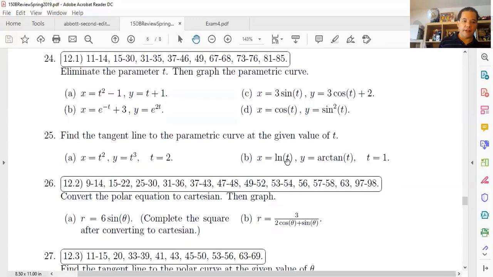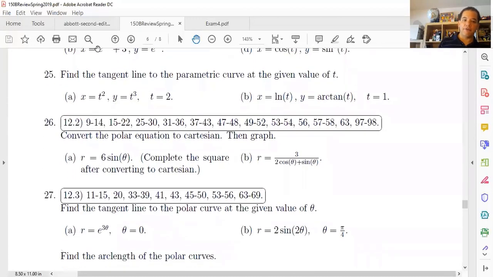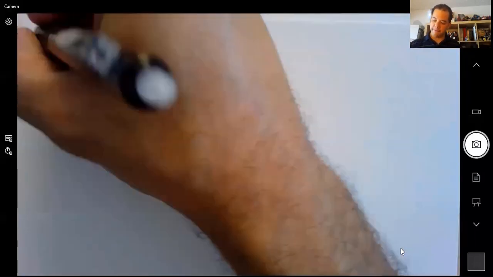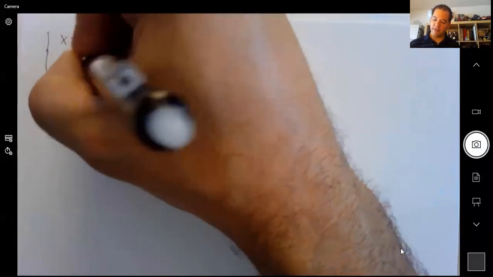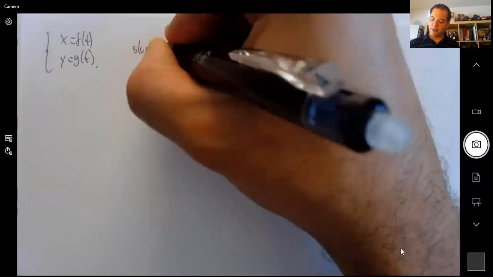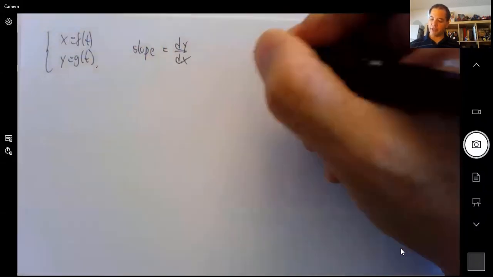Starting with these ones, find the tangent line. So how do we find the tangent line if we have a parametric equation? And here's what you need to remember. It's actually very easy. What you need to remember is that if you have a parametric equation, x is f of t and y is g of t, then the slope we know is the derivative of y with respect to x.